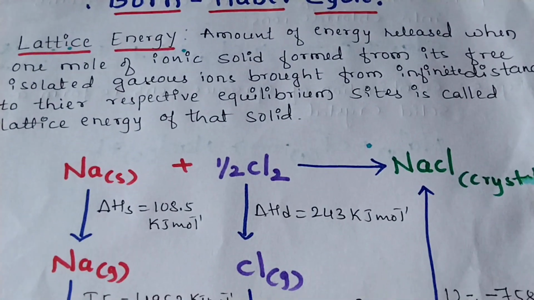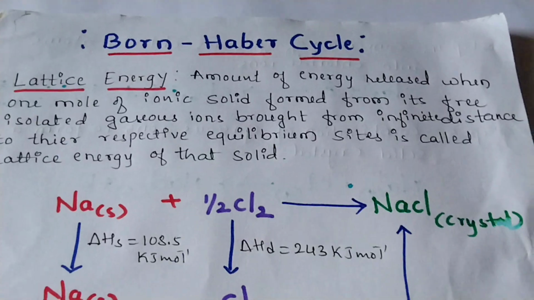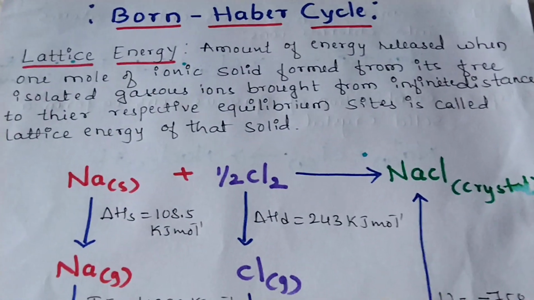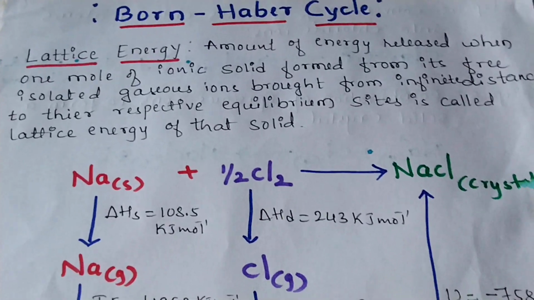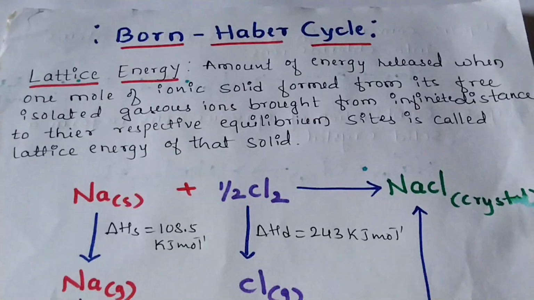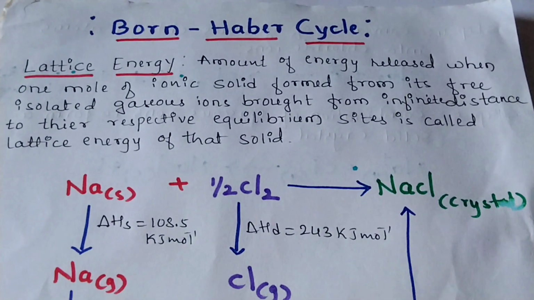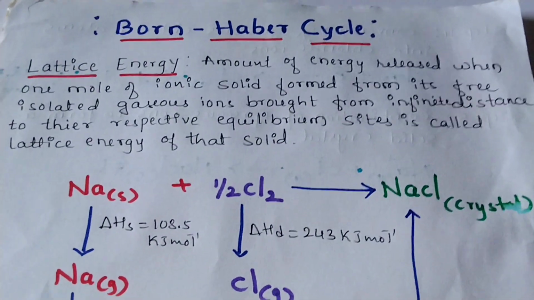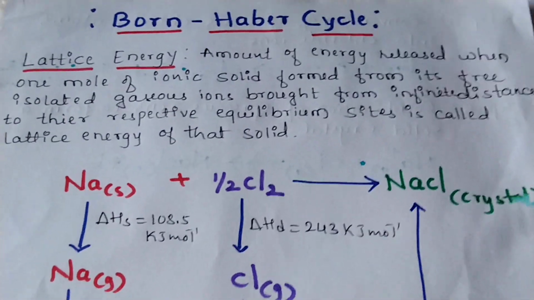In a simple way, some amount of energy is released to form an ionic solid crystal, a lattice. How is it formed? By the two ions. So here some amount of energy will be released, that is called the lattice energy.